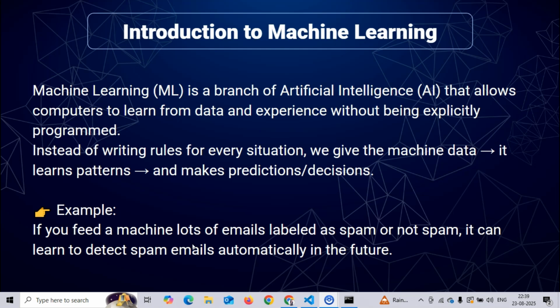After going through all those emails, understanding the words present in spam emails and the words present in not spam emails, the machine is going to learn all the patterns, and after that it is going to automatically predict for us which email is spam or not spam.